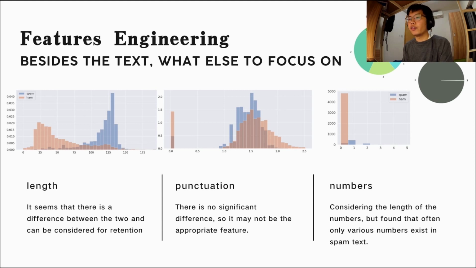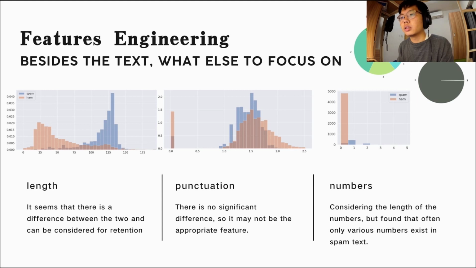The aim of feature engineering is to maximize the extraction of valuable features from raw data for use in models or algorithms. The data and features determine the upper limit of machine learning, while the models and algorithms only approximate this upper limit.